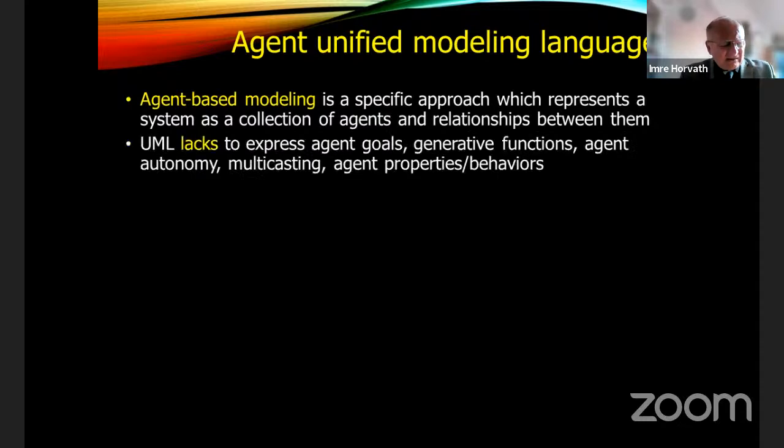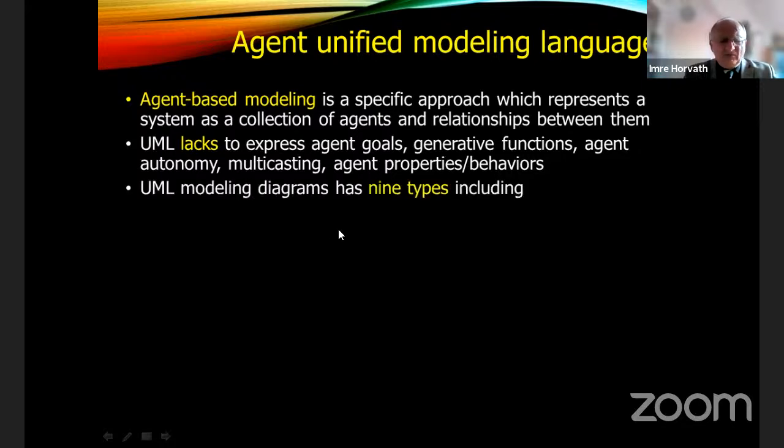Here, I would like to come back to the problems with the unified modeling language, which actually hasn't been developed for agent-based system development. It cannot express, therefore, the agent goals, generative functions, agent autonomy, multicasting, agent properties, and so on.